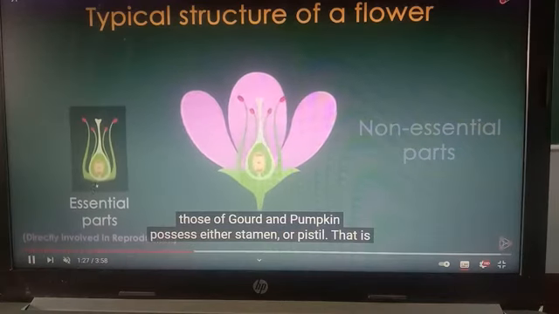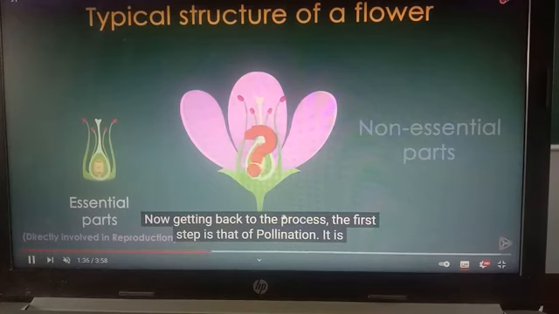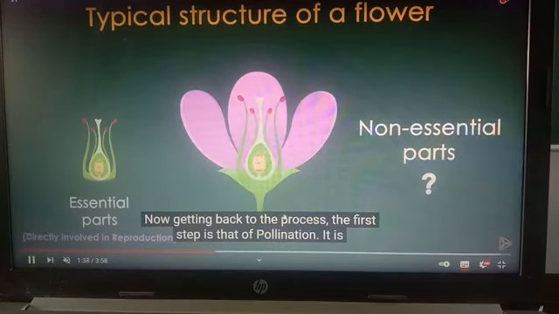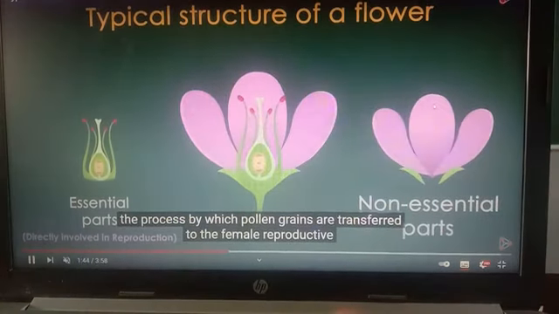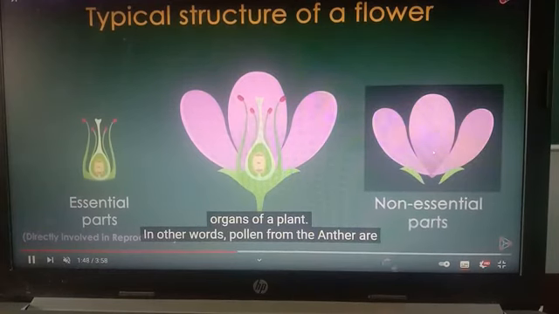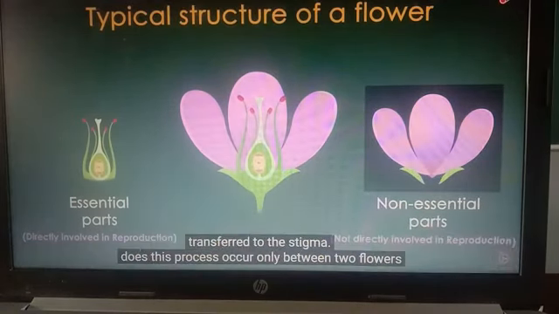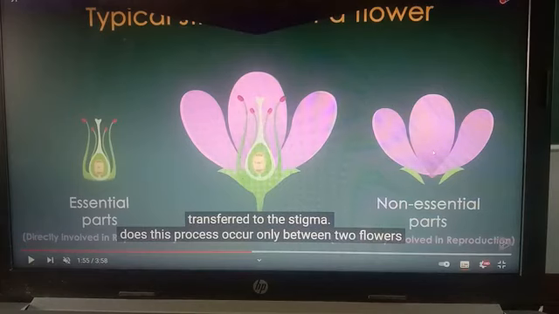See, this is written, it is directly involved in the process of reproduction. And these are the non-essential parts: the calyx and the corolla. They do not participate directly in the process of reproduction. Because of that reason it is called the non-essential part of the flower.